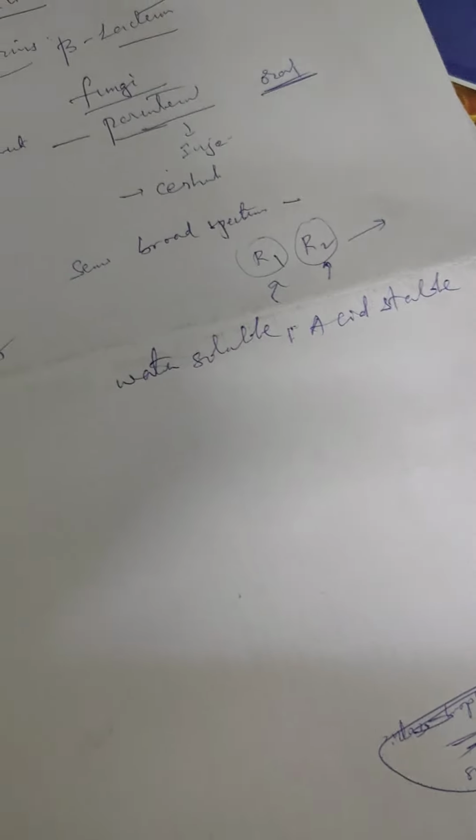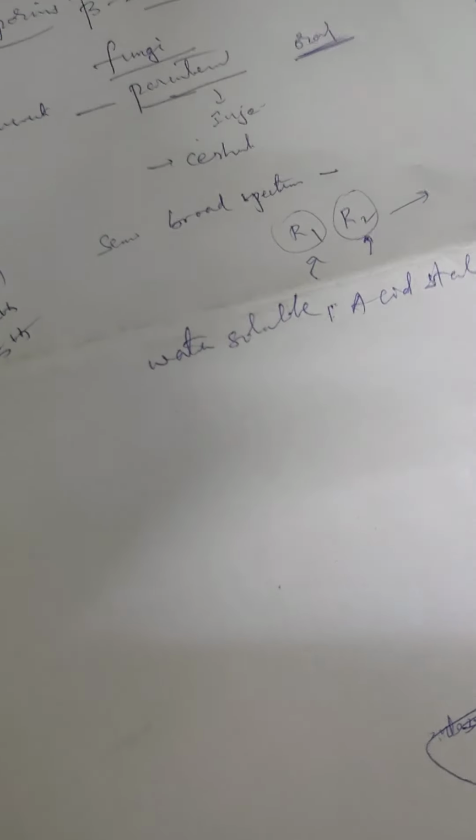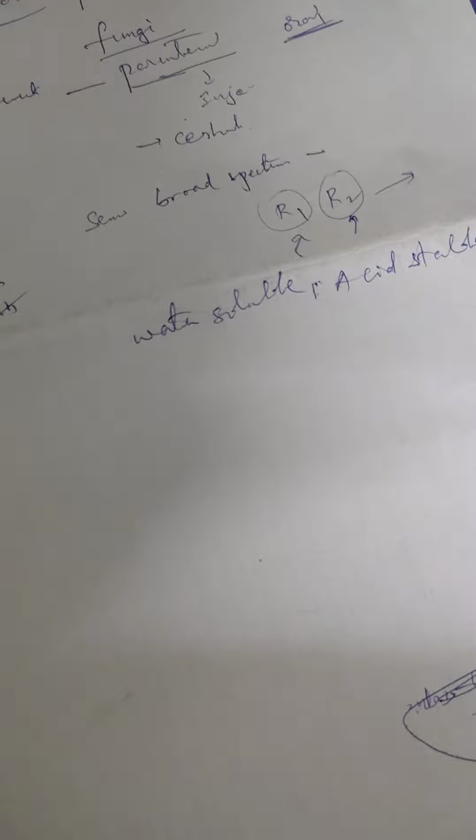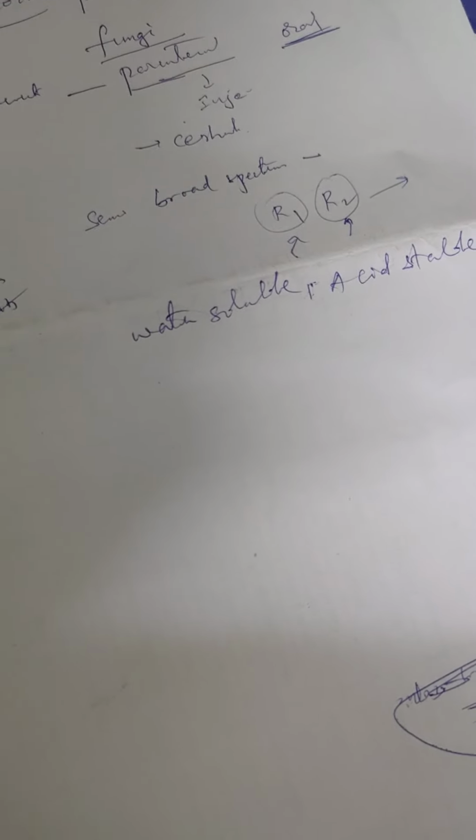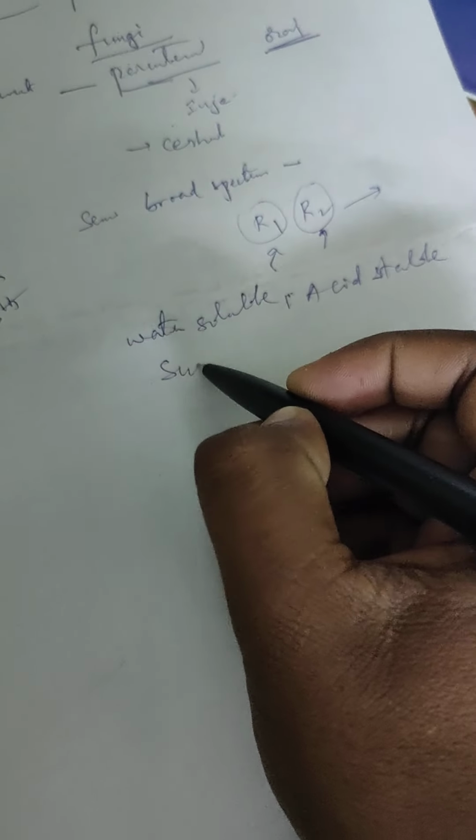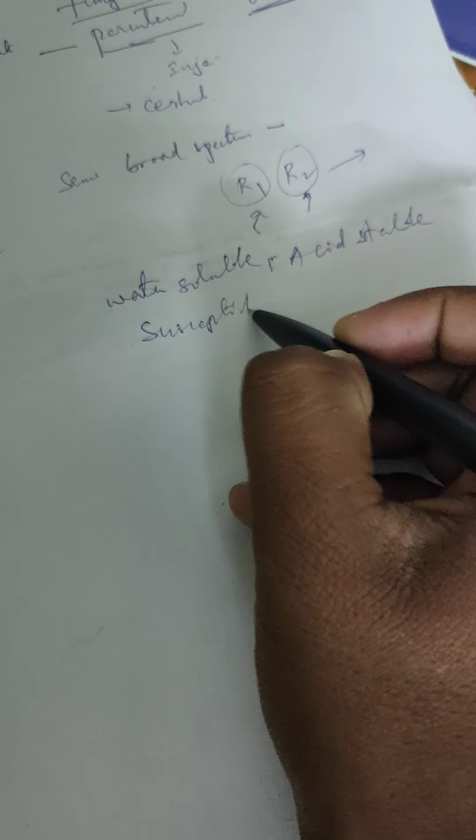These cephalosporins also show varying degrees of susceptibility. They are mainly susceptible to one enzyme. Already you know, all beta-lactam antibiotics are mainly susceptible to one enzyme.